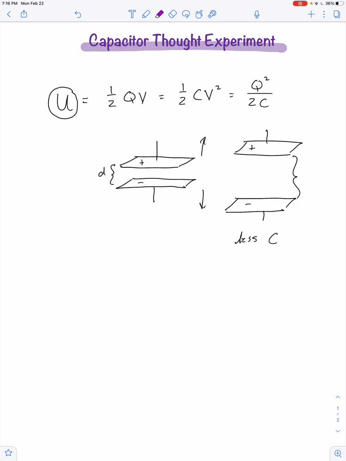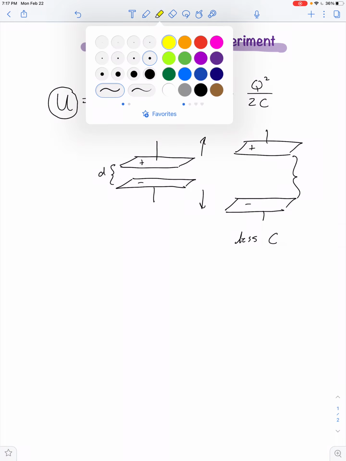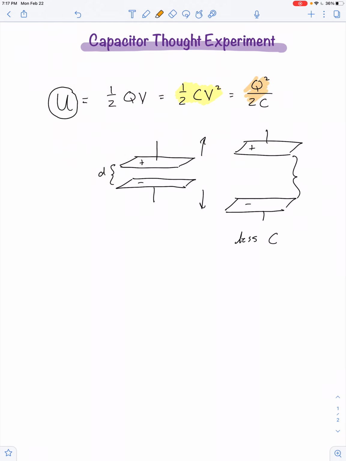Well, this equation suggests that if C goes down, the energy also goes down. But this equation says if the value of C decreases, then the energy goes up. Well, it can't be both. Right, this does seem to lead to a contradiction.